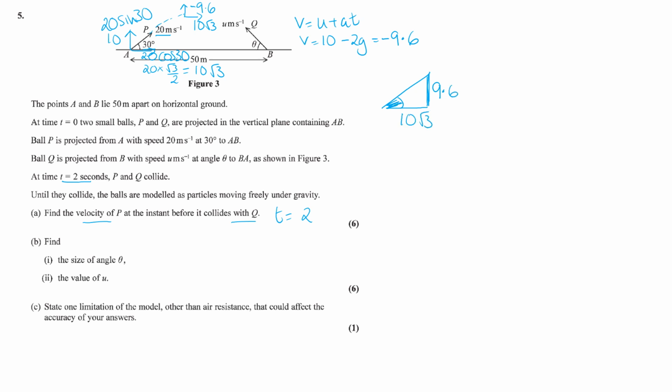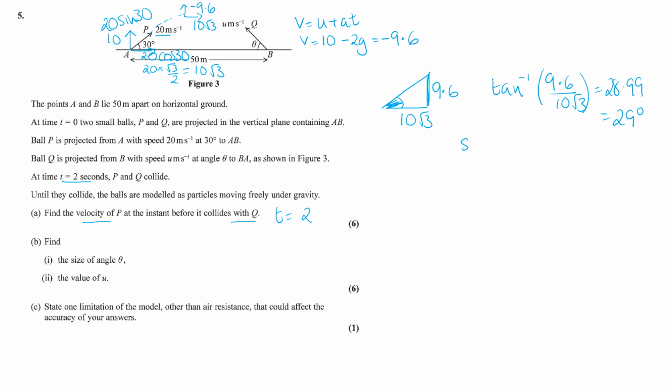So to find that angle with the horizontal, we can do tan to the minus 1 of 9.6 over 10 root 3, and that comes out to be 28.99, so 29 degrees, and that would be the angle that it is at 2 seconds later.